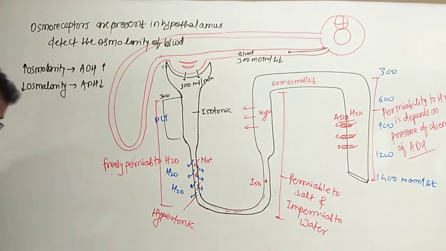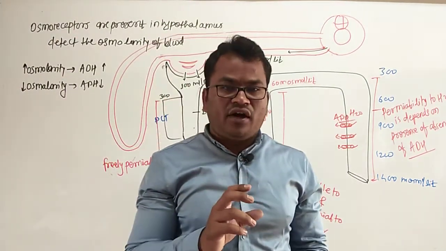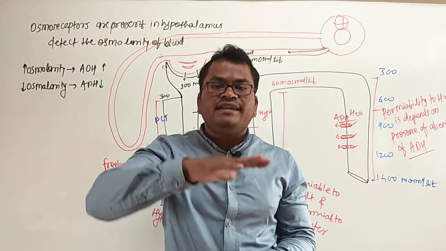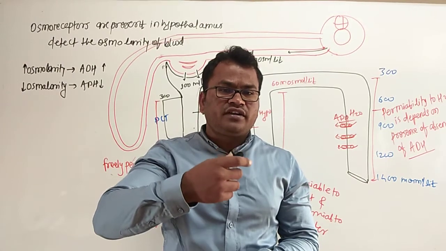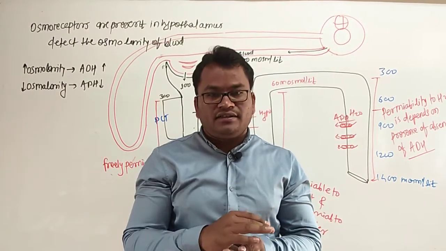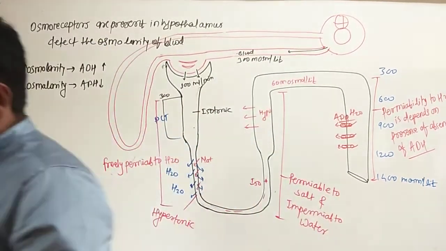It means if you take 2 or 3 glasses of extra water, then ADH secretion will be decreased, because if we take the water, then water goes into the blood and osmolarity of blood becomes decreased. That leads to the switching off of these osmoreceptors.